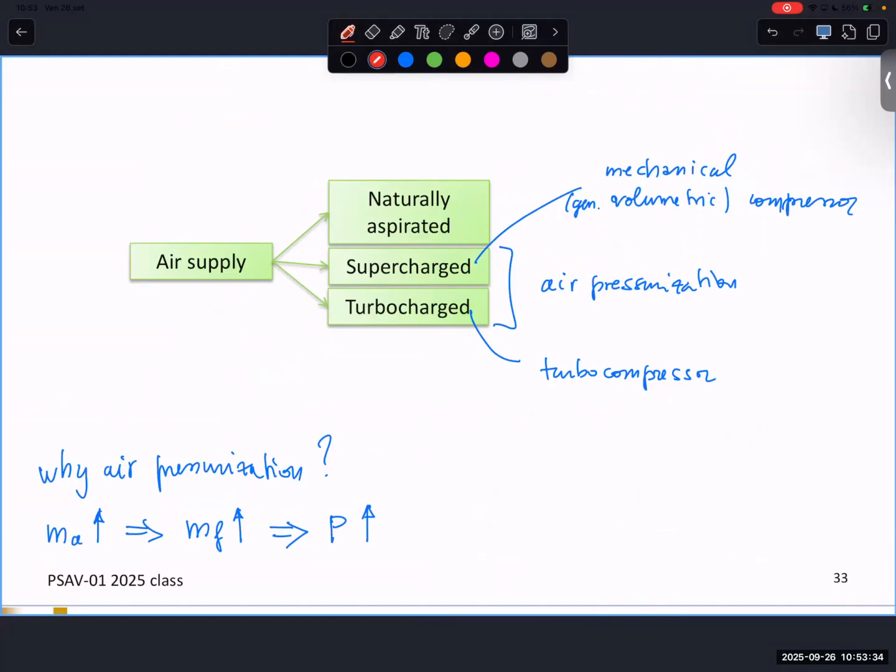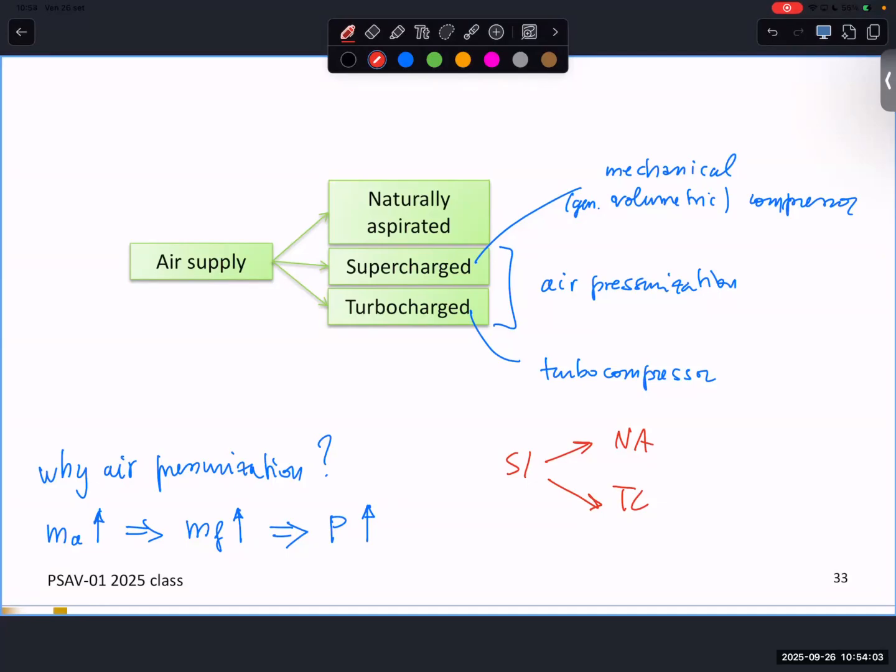Spark ignition engines can be either naturally aspirated or turbocharged. The percentage is difficult to say because it also depends on the market, but it can be closer to 50%, 40, 60. In particular, turbocharging is becoming more and more adopted in recent years because efficiency is higher.